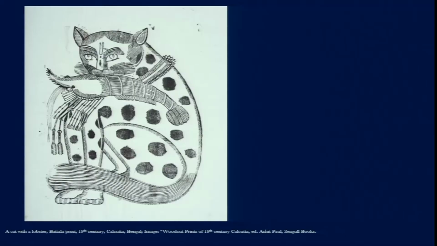But a broadsheet print is just a print in itself, and it can have a religious theme, or something to do with contemporary society and so on. Those are the kind of images that we find in these broadsheet prints, and this is one of the very celebrated images that we find from Batala.